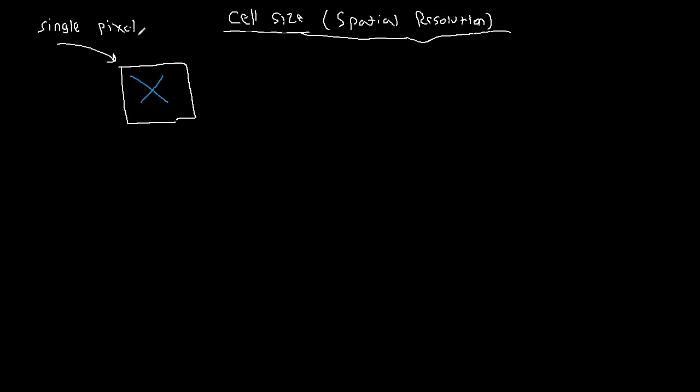So we've kind of ignored a big question, right? How much area does a pixel represent? I'm sorry, I'm a remote sensing scientist by training, so I always use pixel. But again, pixel and cell or grid cell are interchangeable.